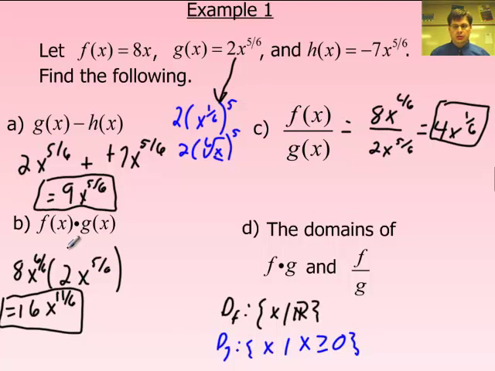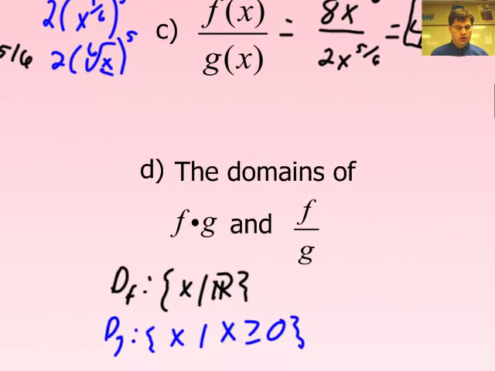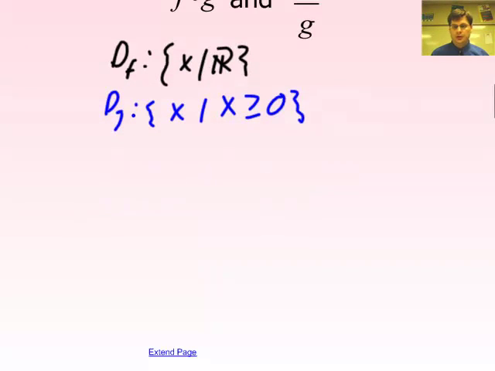So now we can address the f times g function. In this case, the domain of f is all real numbers, so there's no restriction on here. But g, we're going to have this restriction of x is greater than or equal to 0.